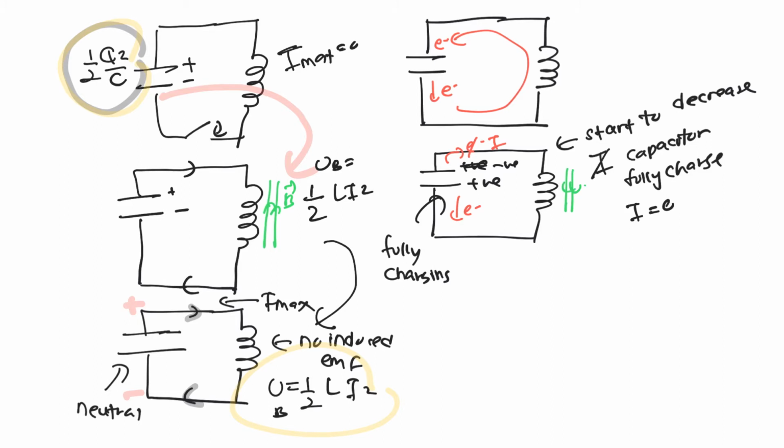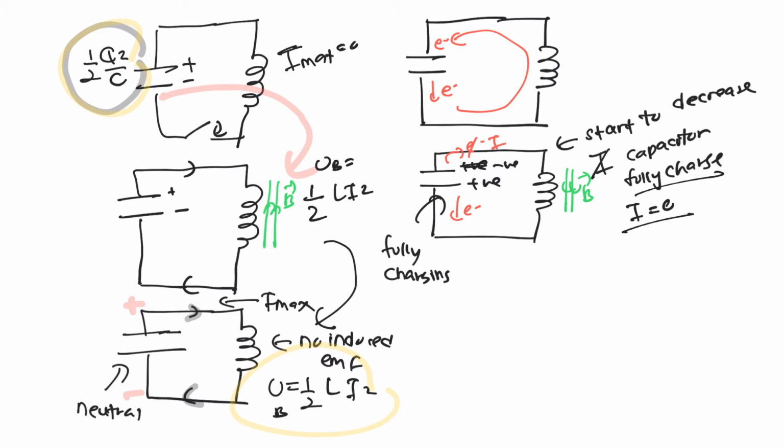This is the direction of your induced EMF, which is going to produce a magnetic field that opposes the change in the current. Okay, got it? Once the capacitor is fully charged, the current inside the circuit is going to be 0. Once the current becomes 0, there will be no induced EMF because it's a constant value.